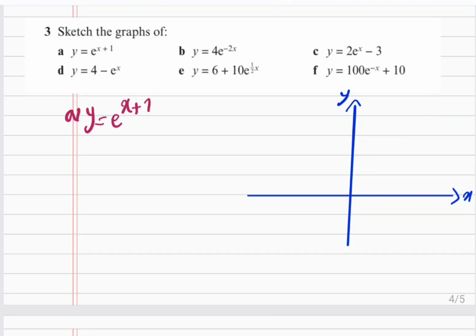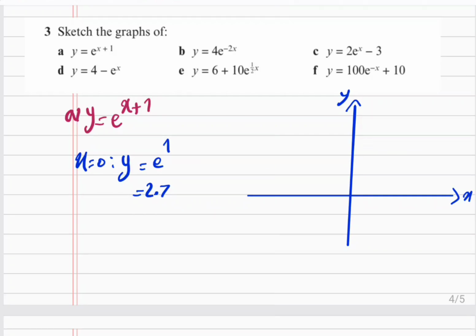Now, in this case, to be more specific, we always start by finding the y-intercept. So we set x equal to 0, which gives us e to the power of 1. Now, remember that e is roughly equal to 2.7 to 1 decimal place.